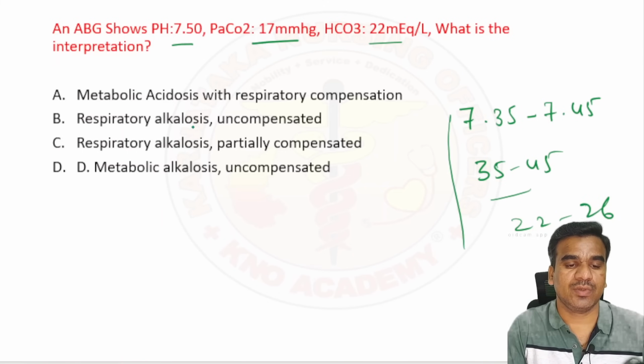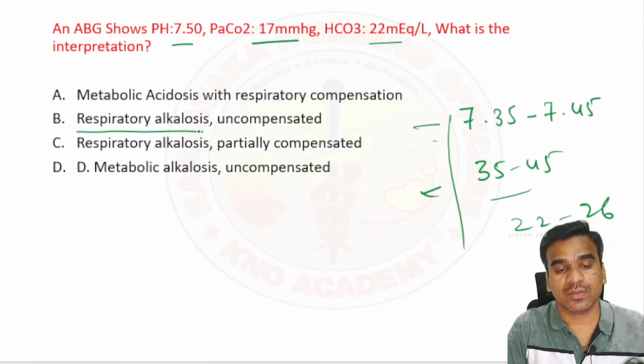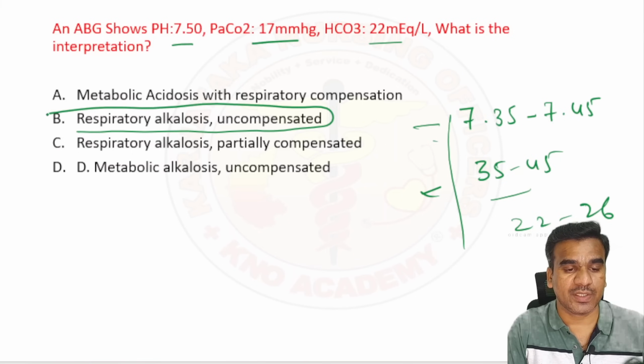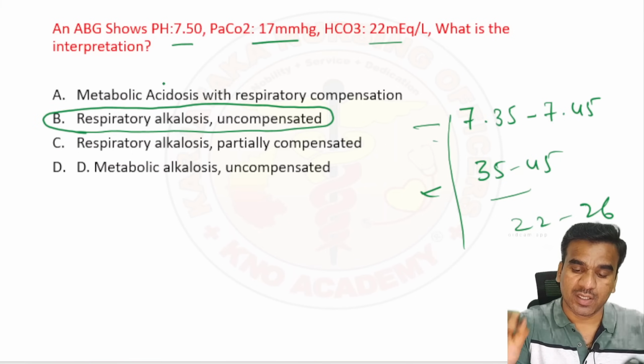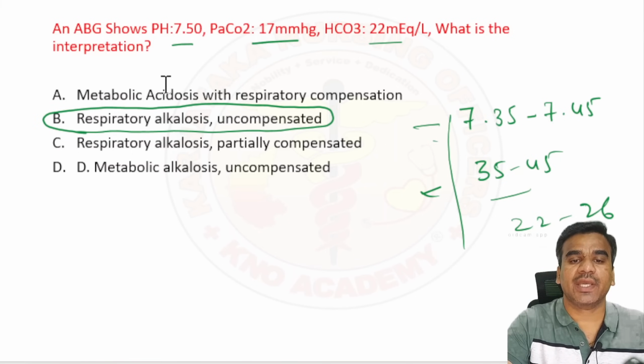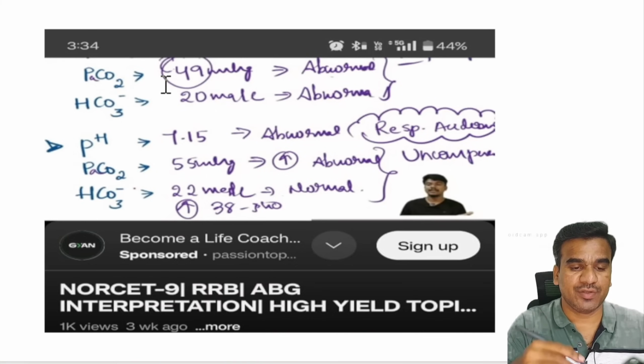Here the pH is high, the PaCO2 is low, and the HCO3 is normal. So this is uncompensated respiratory alkalosis. This compensatory mechanism was explained very beautifully by Nagaraj sir on the KNO Academy YouTube channel. You can check the same video.